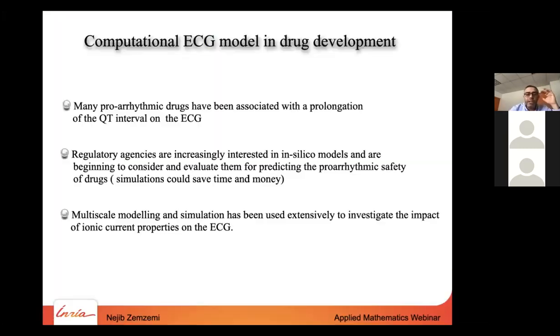If that QT is prolonged, that means that the drug is proarrhythmic, and it is not accepted to sell this kind of drug. So in the development of a drug, for example, if you look at the COVID-19 vaccine, there are tests on the QT interval.